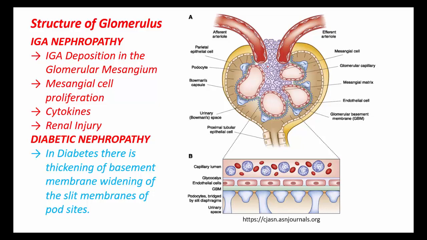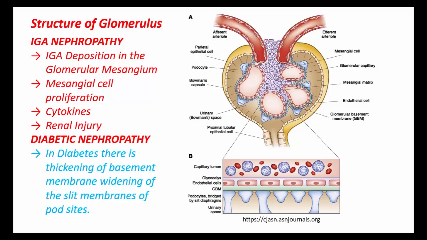Normally this glomerular structure does not allow WBCs, RBCs, proteins or various substances to be filtered, as they cannot pass through these filtration membranes.